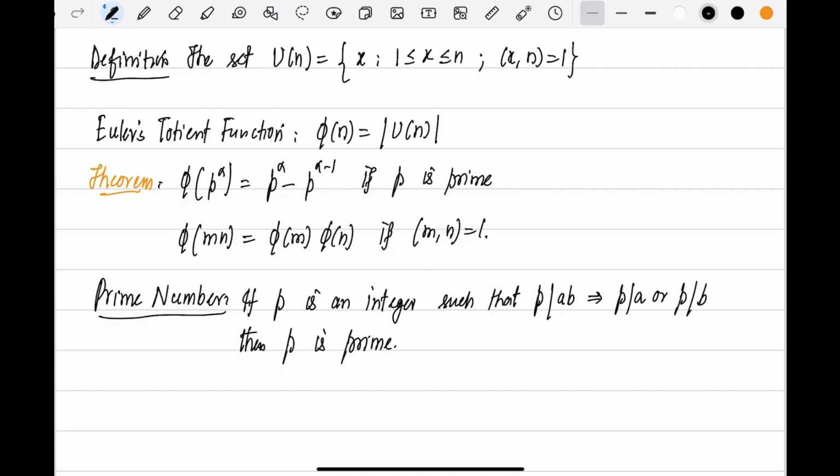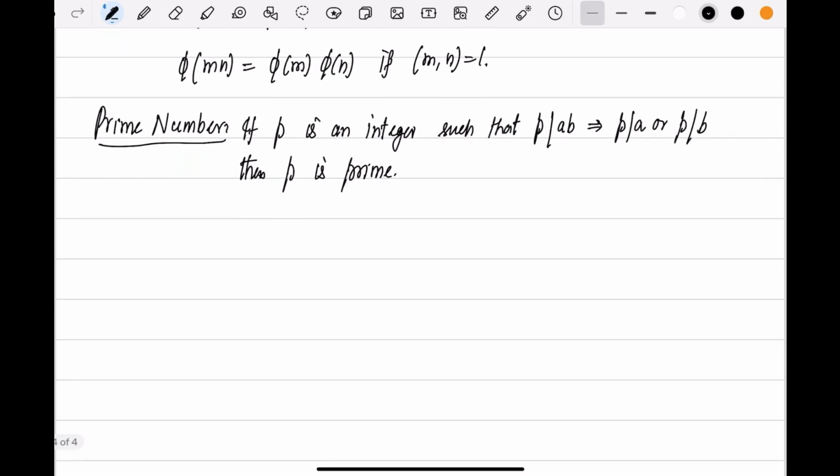This is in fact a property of prime numbers, but any number that satisfies this property will have to be a prime number. Here we will take one example to understand that composite numbers do not satisfy this property. For example, 4 divides 12, that is, 4 divides 6 into 2, but 4 does not divide 6 and 4 does not divide 2. So this property is not shared by the composite numbers.